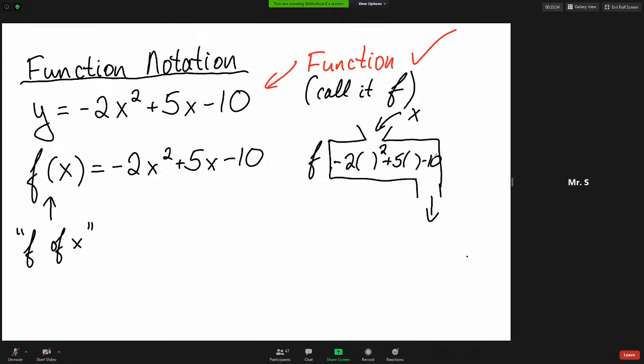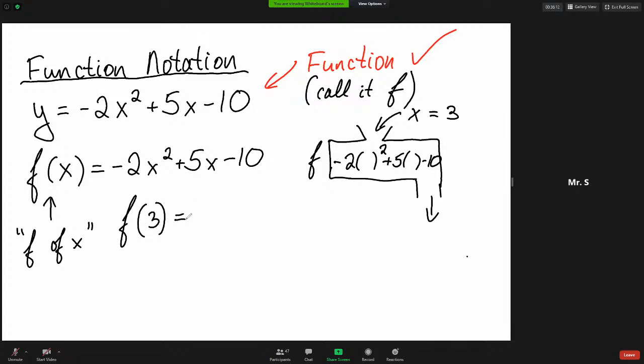So if my input happens to be 3, then using this function notation, I would just say f of 3. My input is 3.